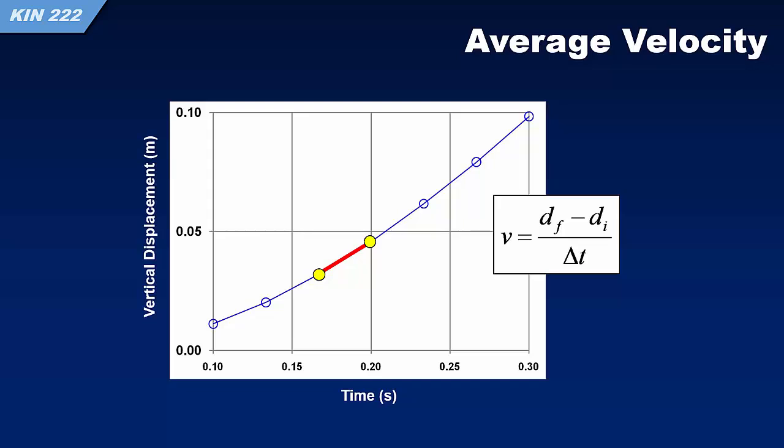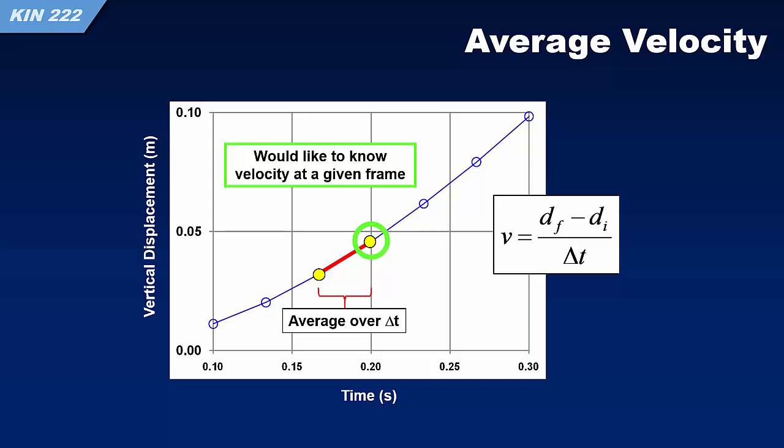This is fine, but what it gives us is the average velocity between those two frames, the average over that delta t. Normally, although that's useful information, what we'd like is the velocity right at a given frame, and taking it between these two points doesn't give us that. So we need a slightly different approach.